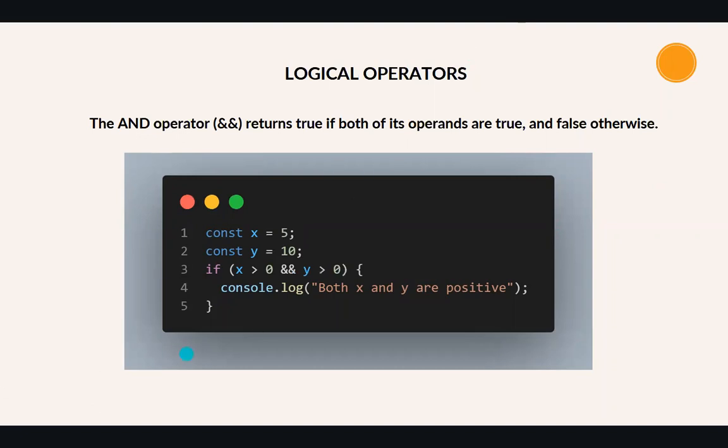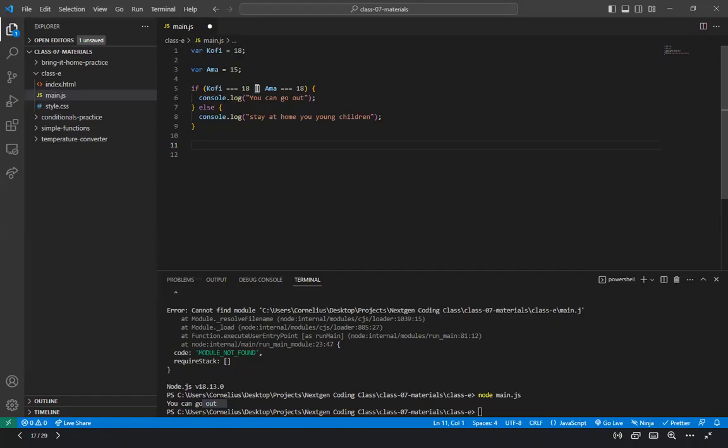In that same code, if we change this to and, the way you do or is just this double line, and the way you do and is just double ampersand. So for and to run the positive part, both of them have to be true.